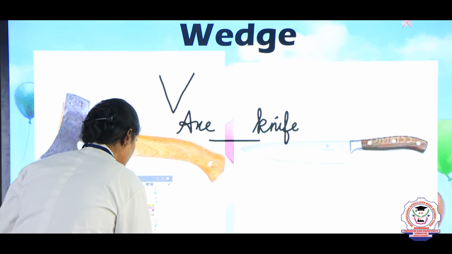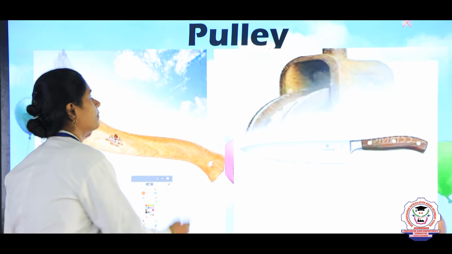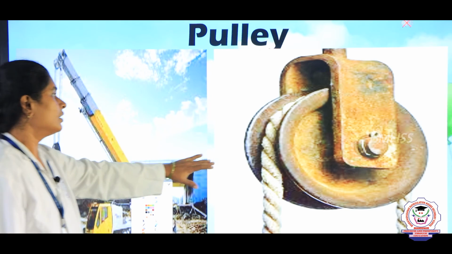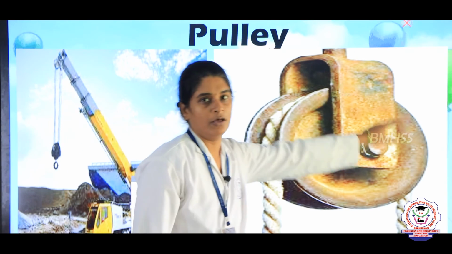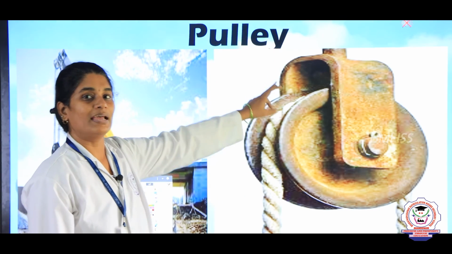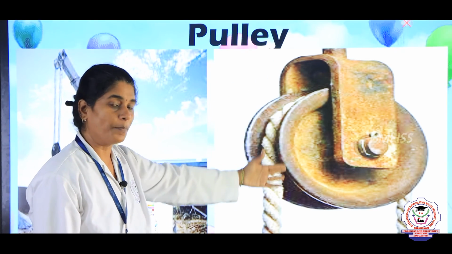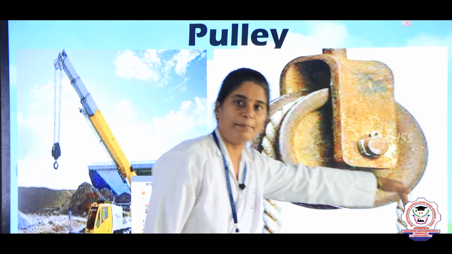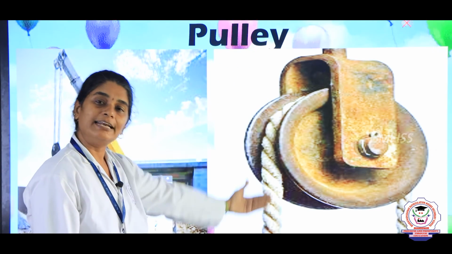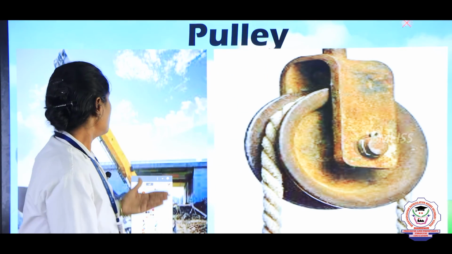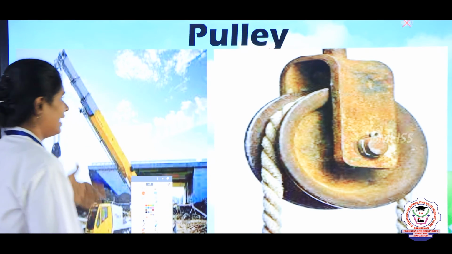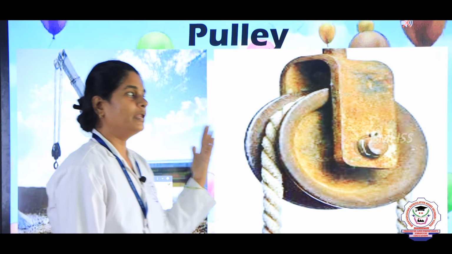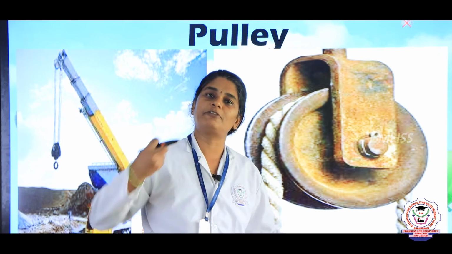The next one is the pulley. A pulley is a wheel with a grooved rim. On the grooved rim we can use a chain or rope around it. With the help of the pulley we can lift heavy weights. We can use this type of simple machine in cranes, and many people also draw water from the well.